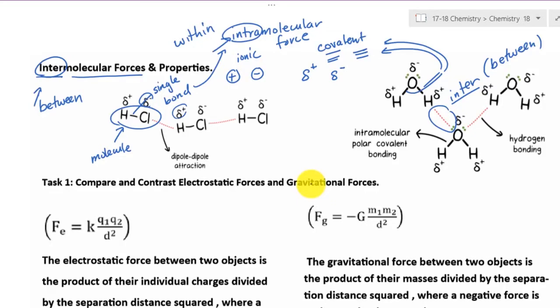And the two forces can be described by these two equations. One equation is electrostatic. We are talking about the charges. And electrostatic force is very similar to the gravitational force. That's the same force that's holding a planet together.